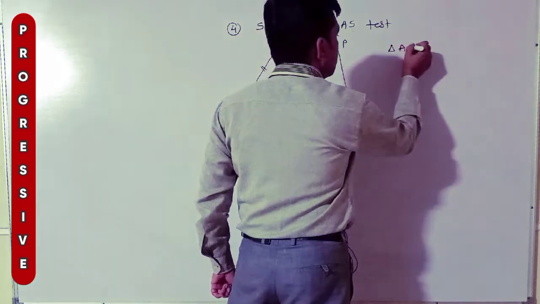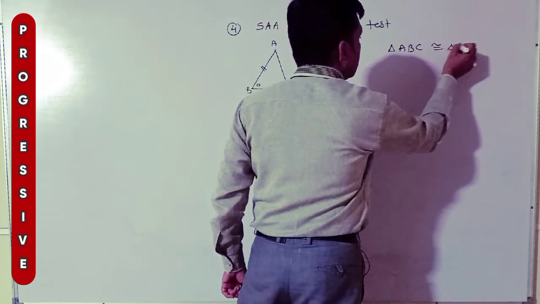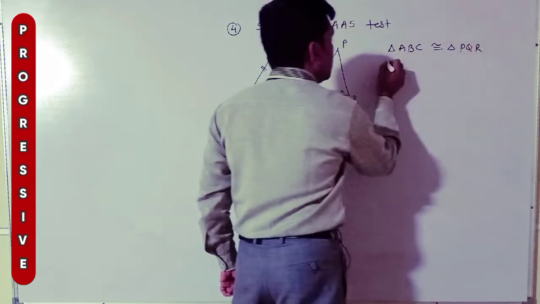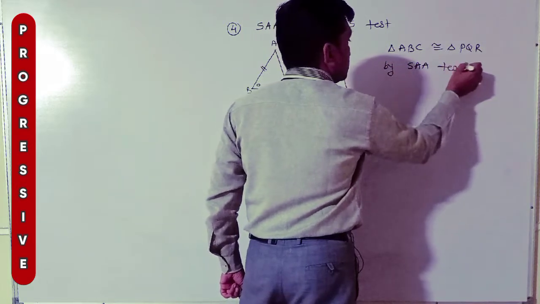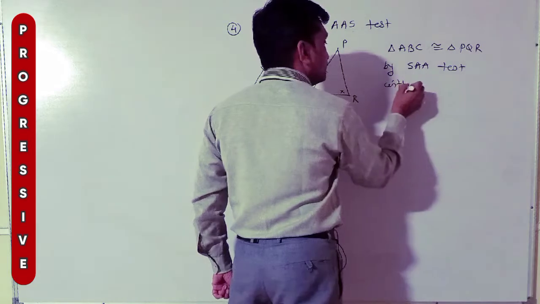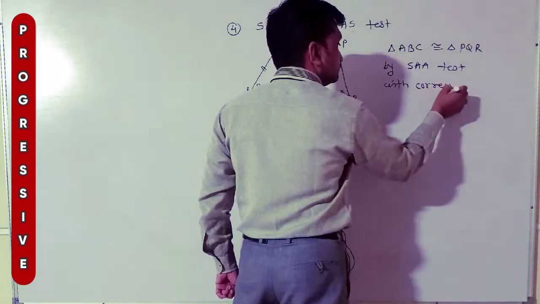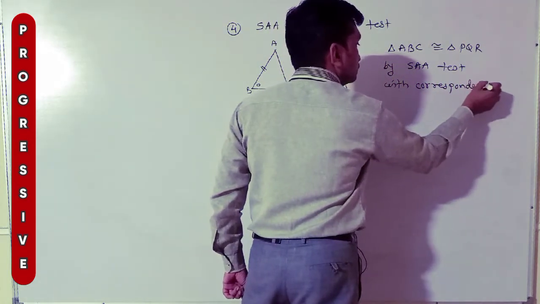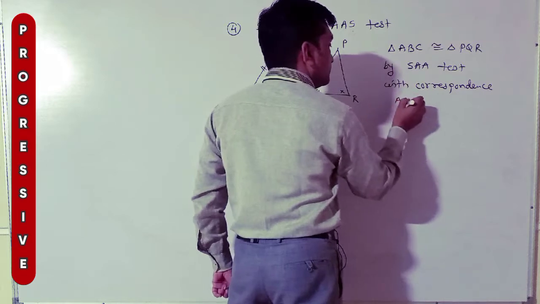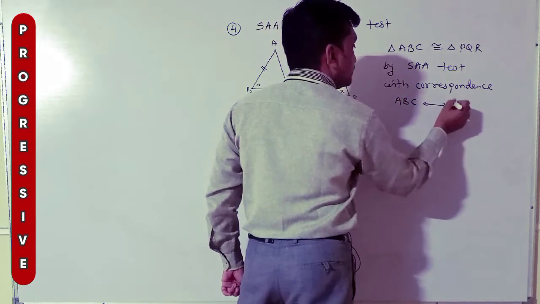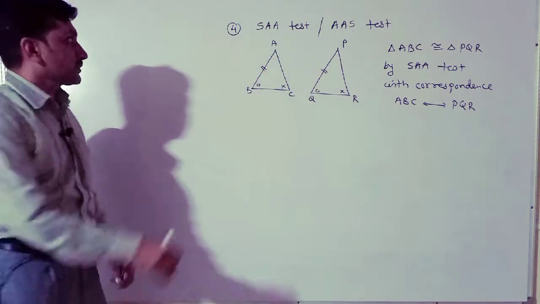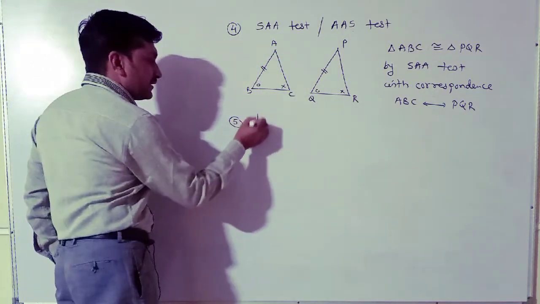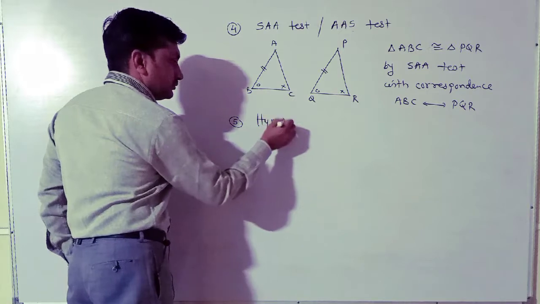Triangle ABC is congruent with triangle PQR by SAA test, with correspondence ABC with PQR. This is correspondence.